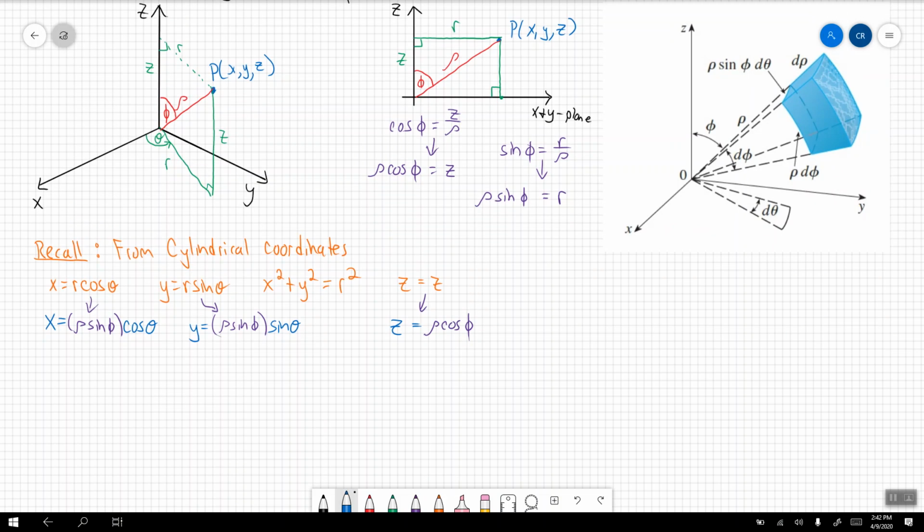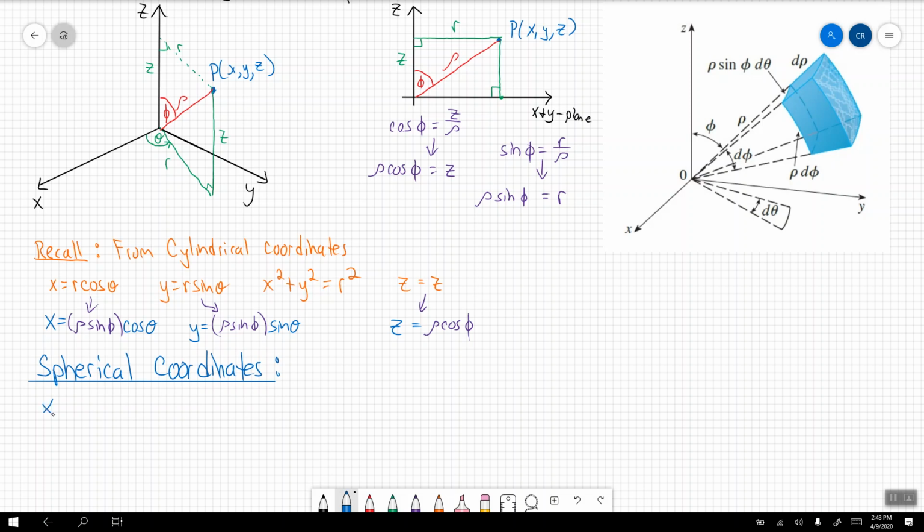Within spherical coordinates, we actually get these specific values for x, y, and z.